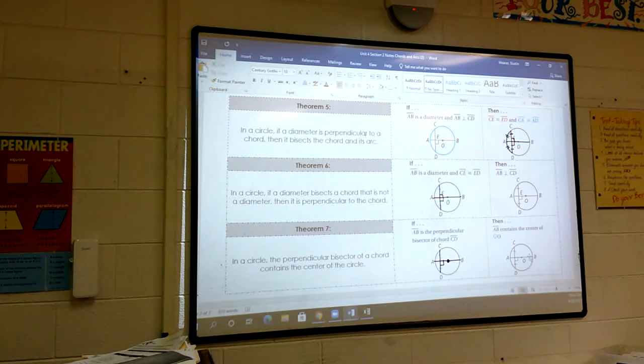They're just talking about a different part of it. In part 5, they're talking about how it bisects or cuts the chord and arc in half. In 6, they're talking about how it makes 90-degree angles. And in 7, they're talking about how it goes through the center of the circle. So those are just 3 more theorems to add.